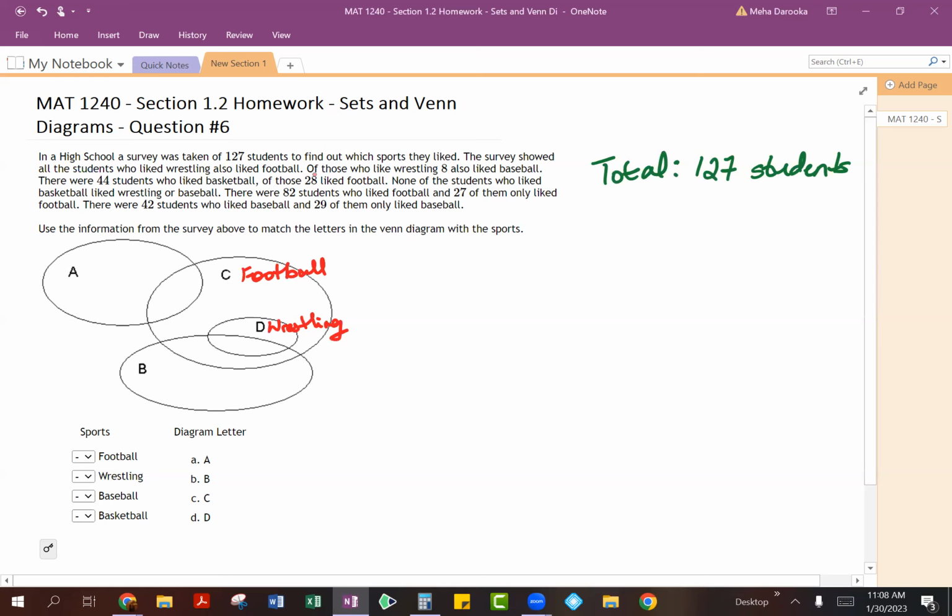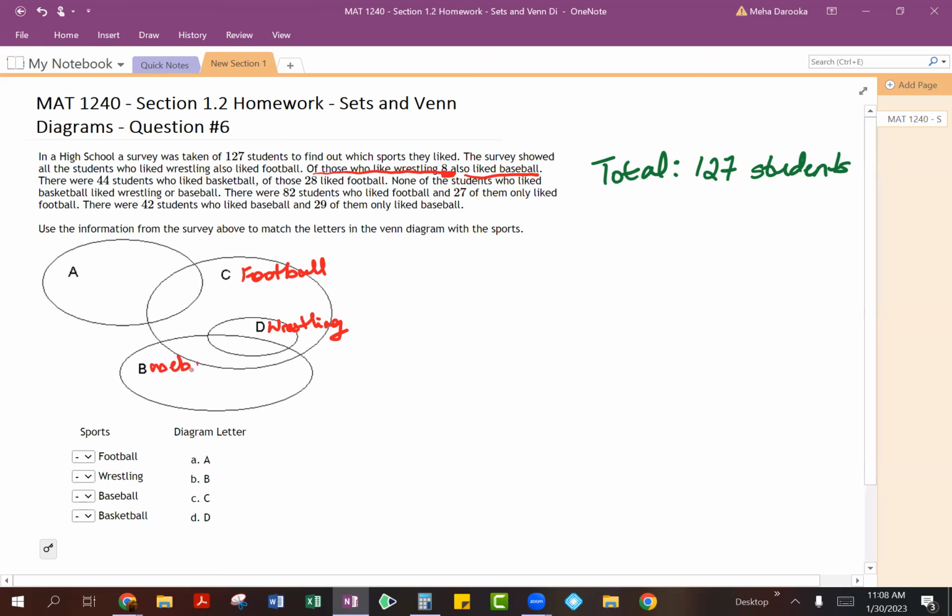Now they are telling us of those who like wrestling, 8 also liked baseball. So that's going to be the overlap. And you can see wrestling is overlapping with circle B over here, so that tells us B is going to represent baseball.